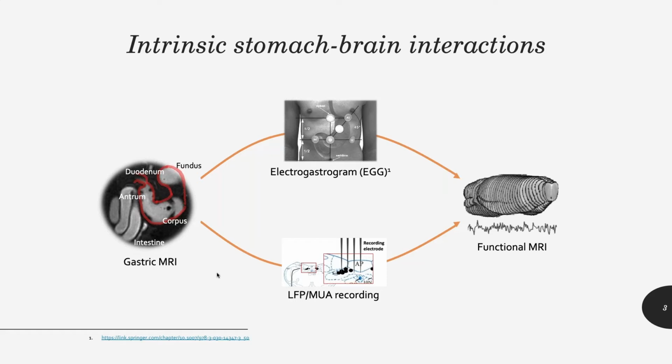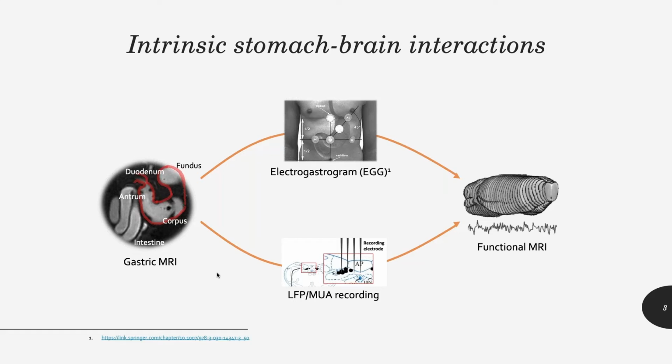We can record the gastric electrical activity during the gastric MRI or during the functional brain MRI, and use the EGG as an intermediate signal to correlate and combine the gastric activity and the brain activity.